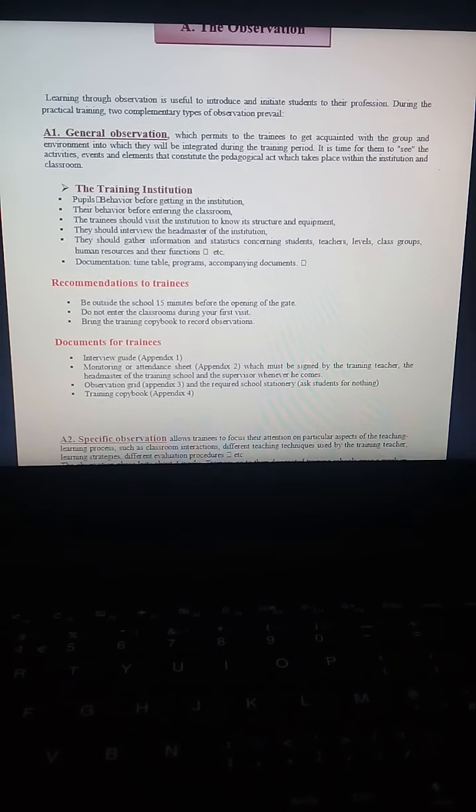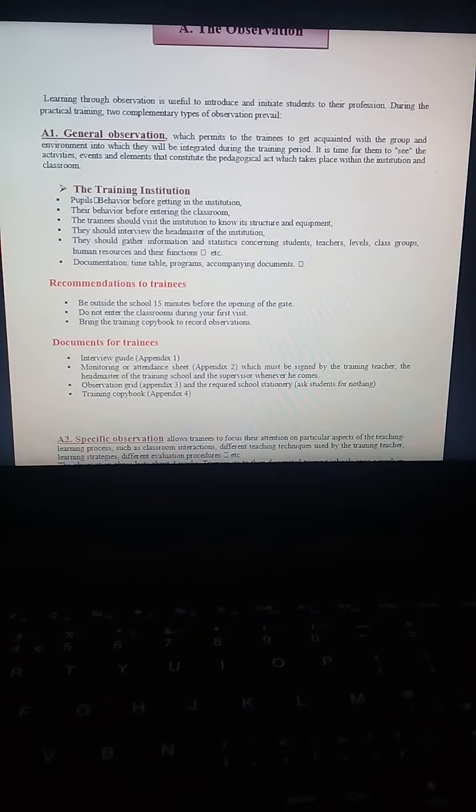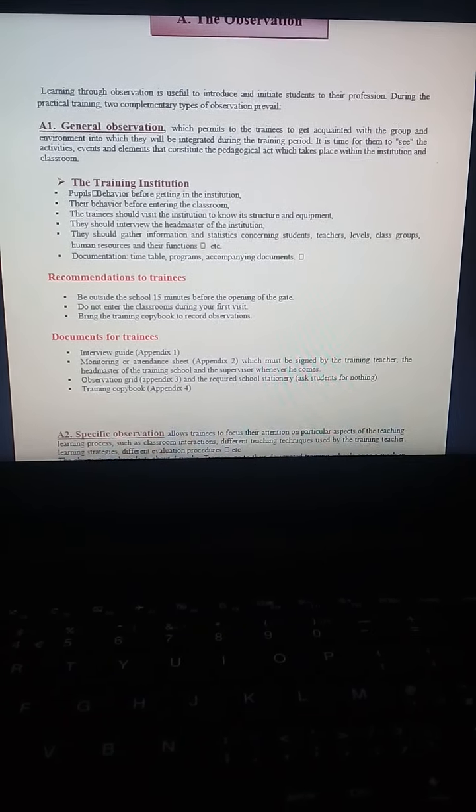The first phase is the observation, and you have general observation, the training instruction, recommendations to trainees, documents for trainees. So it is described in a detailed way.